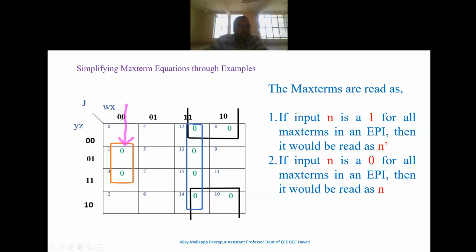You have 0 0 and 0 1 1 1, so what is common here? Z is 1, W and X are 0 0. Since it is 0, you write W or X, and Y is 1, so you read it as Y bar there, correct?